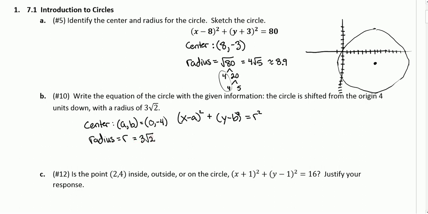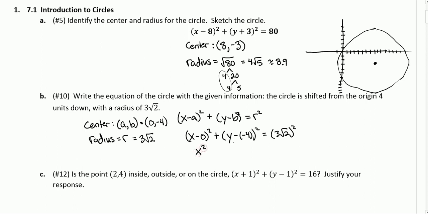And our radius is given at 3√2. So we plug in our values, and we get x minus 0 squared plus y minus -4 squared is equal to our radius, 3 square root 2 squared.